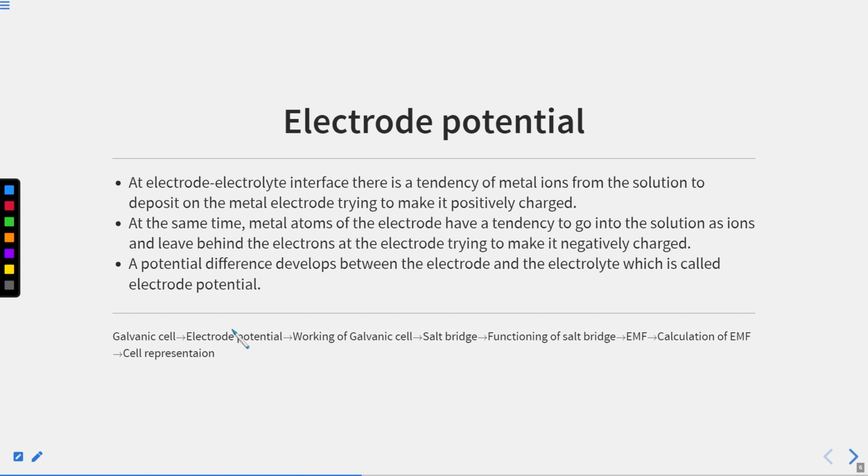Now what do we have in the solution? Let me make it clear what we take in the solution. We take 2 things in the beaker: the metal and the solution. The metal can be any metal, it can be zinc, copper, iron, any metal. And the solution in which the metal rod is dipped is the salt of that metal.